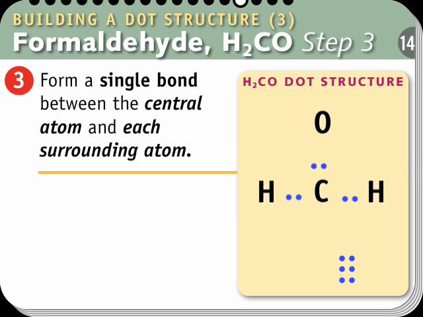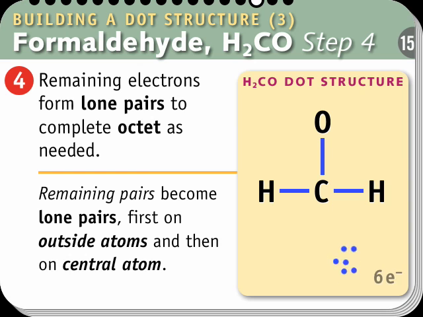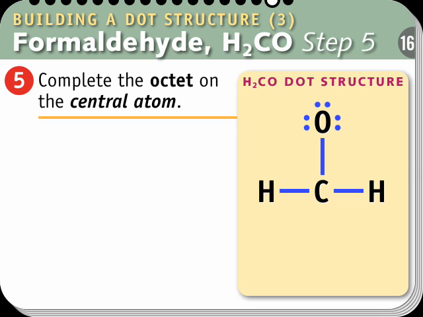After forming 3 electron pair bonds, 3 electron pairs remain. Let's place those on the outside oxygen atom to complete its octet. We've now used up all 6 of our electron pairs. The problem is that the carbon atom is short a pair of electrons.